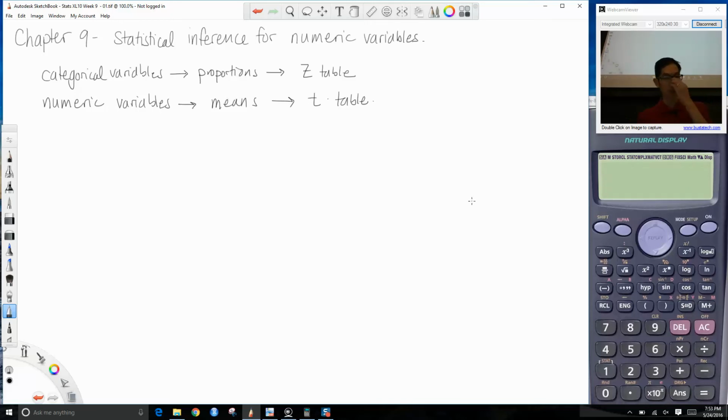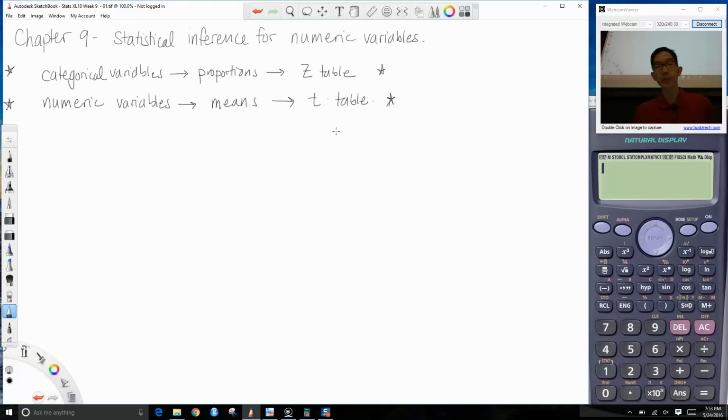Now the way the t-table works is very different from the way the z-table works. But you should keep this in mind. This is very important. If you've got categorical variables, you'll always be dealing with proportions, and you'll always be using the z-table. If you've got numeric variables, you'll always be dealing with means, and you'll always be using the t-table.